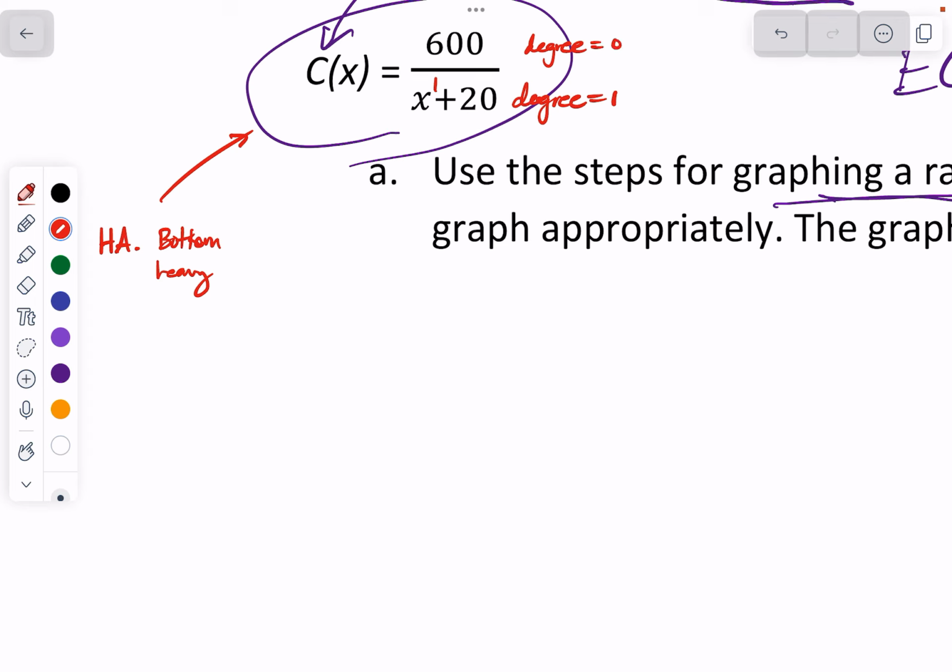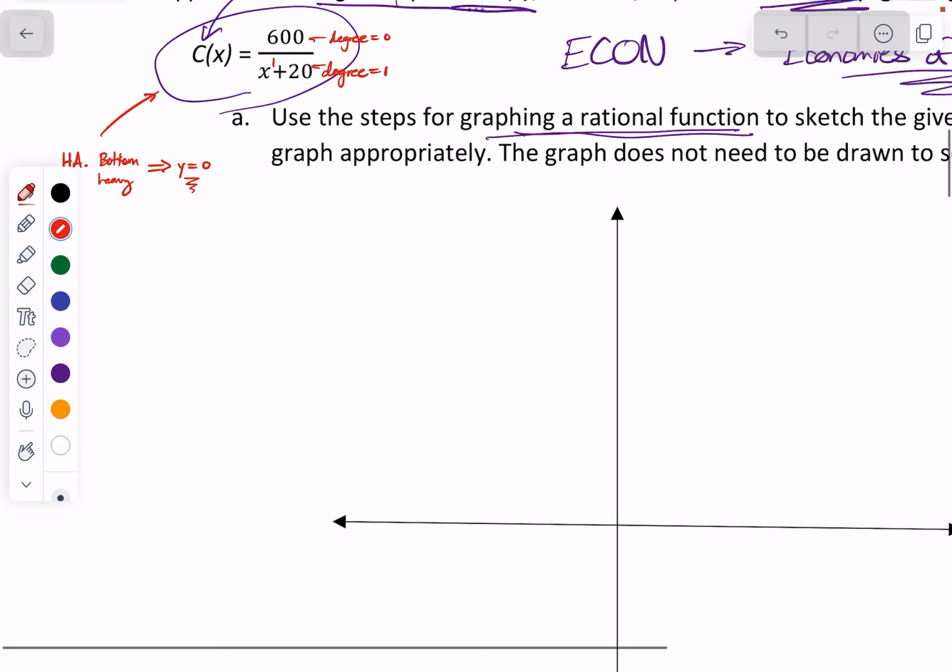There's no x's at the top. So you look at the degree. Bottom-heavy means your horizontal asymptote is y equals 0, always. So let me go ahead and put that on the graph here. Something like that.